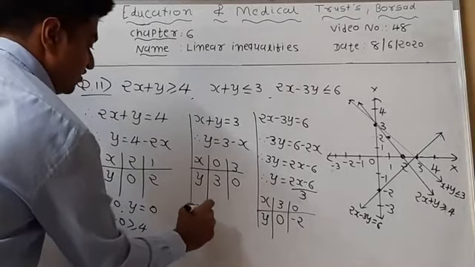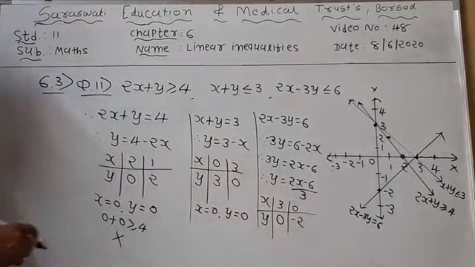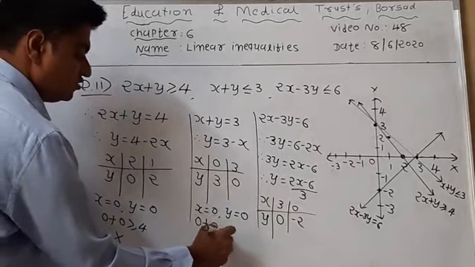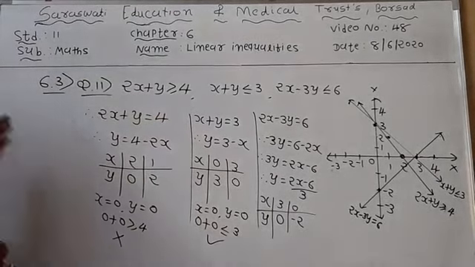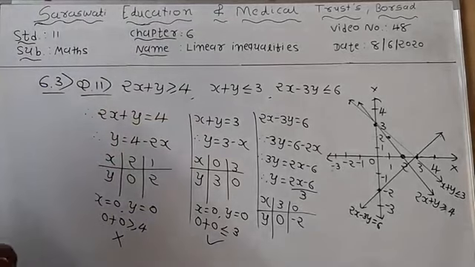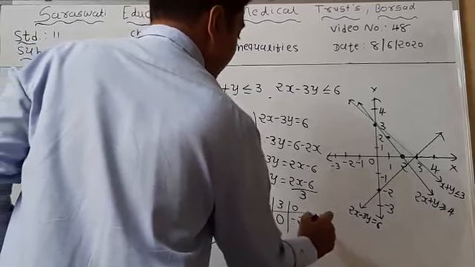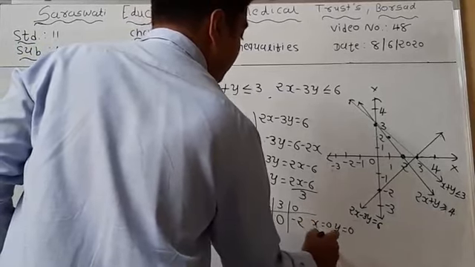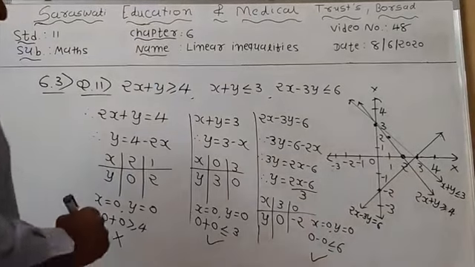In the second equation, x 0 and y 0: 0 plus 0 less than or equal to 3. This condition is right. And in the third equation, x 0 y 0, so 0 minus 0 less than or equal to 6. So this condition is also true.